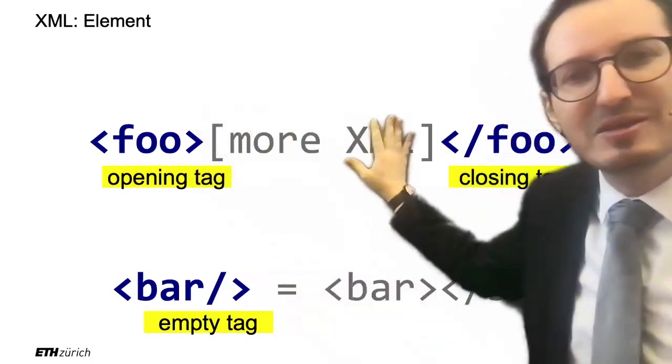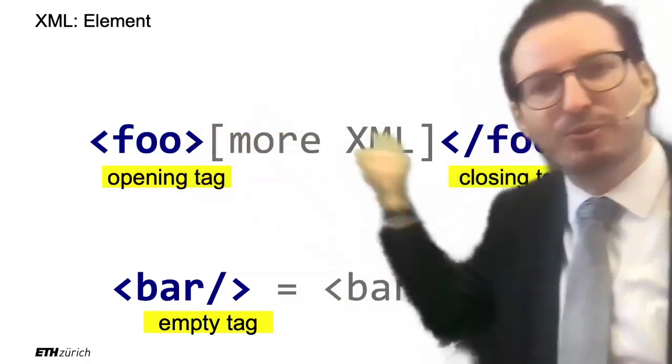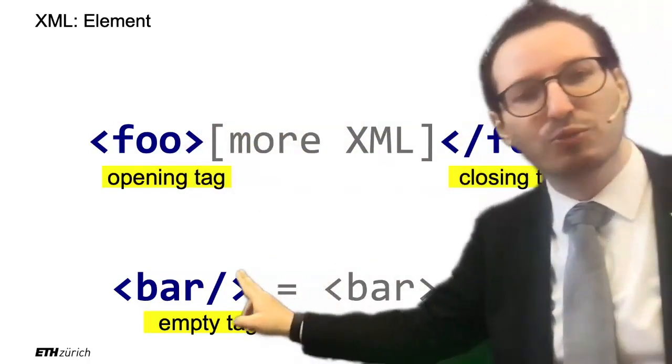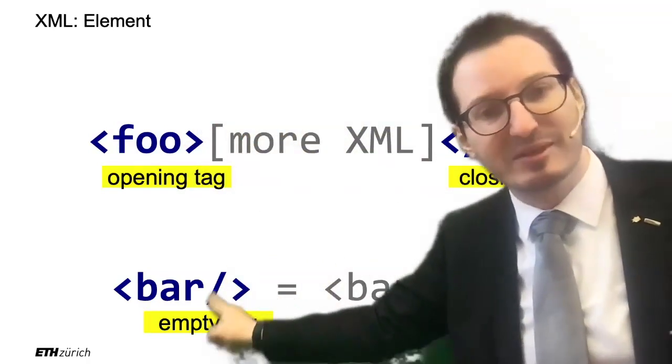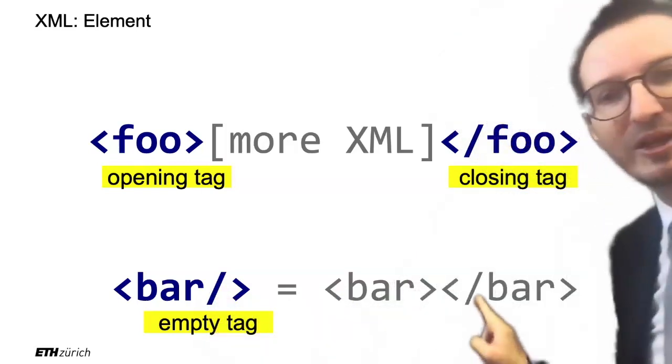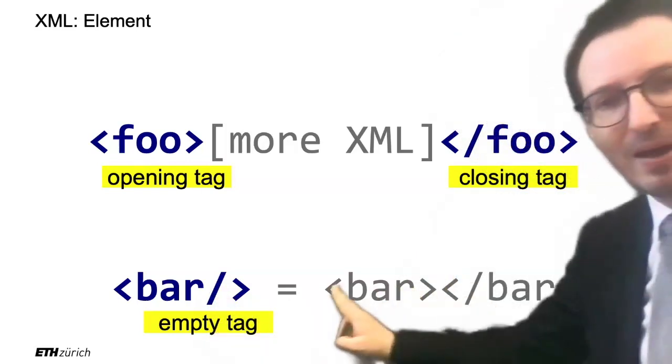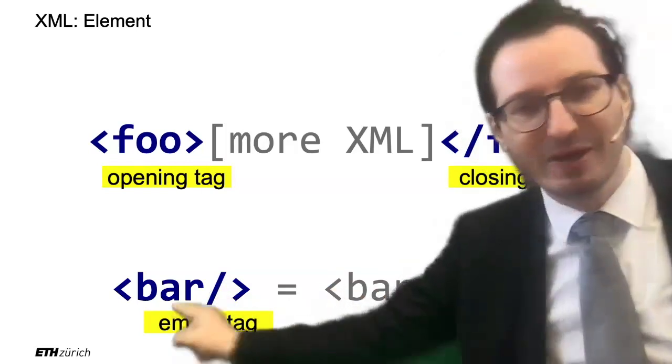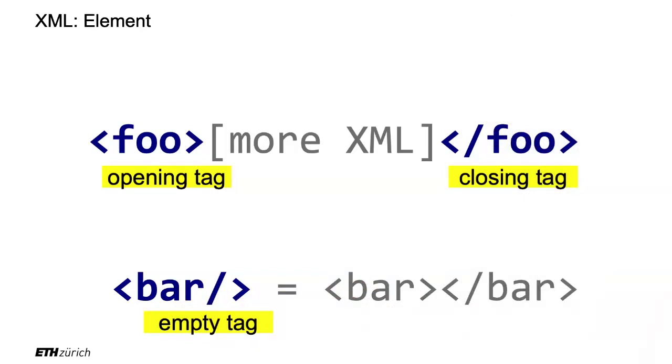So if this is actually empty, we don't want to have the opening and the closing tag. We like to be lazy and just use that empty tag with the slash at the end. It's just really a shortcut. That would have been fine too, but since we are lazy, we love to shorten it to this. Okay, so this is an element. Next week, I will give you the other building blocks, attributes, text, mainly, and I'll show you more XML.